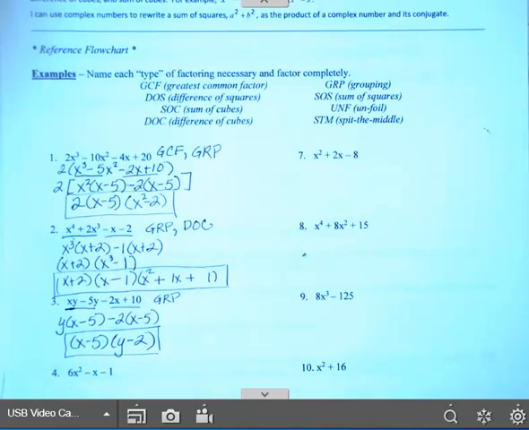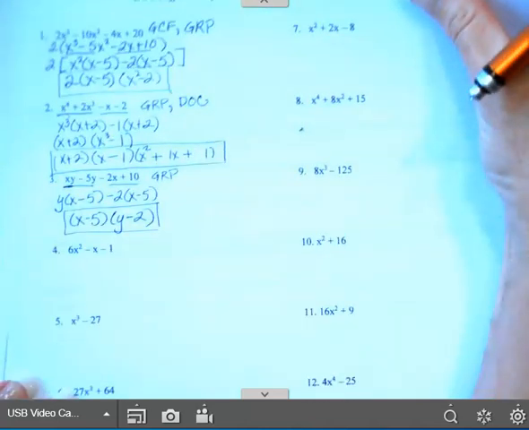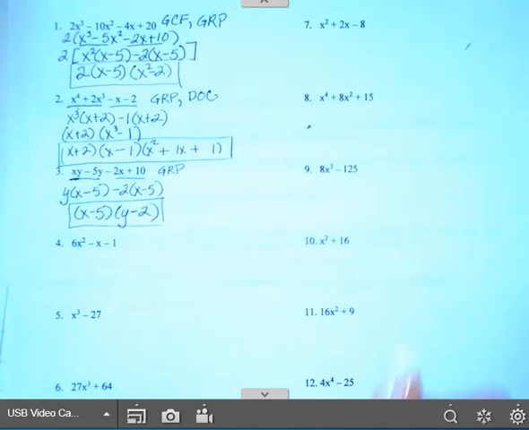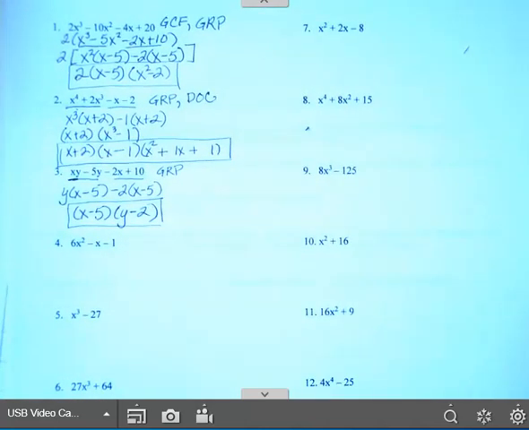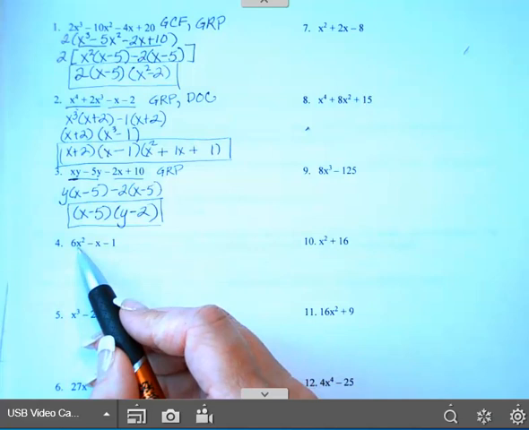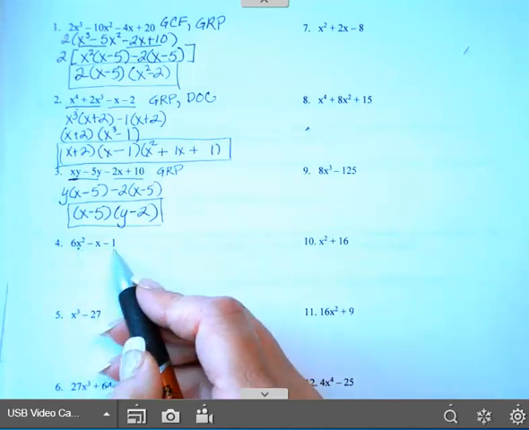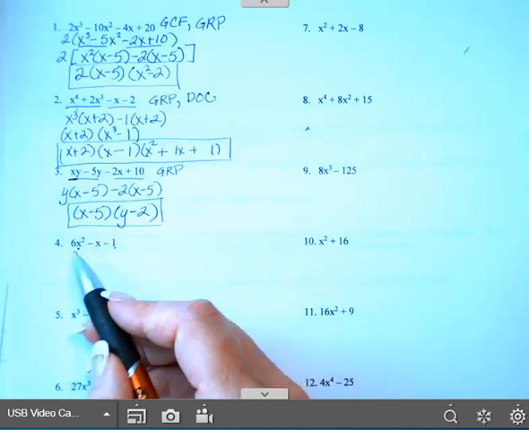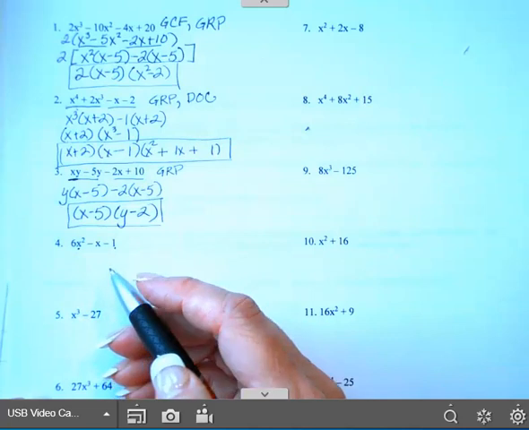On number 4, I do not have a greatest common factor, so I'm going to look at how many terms then. I have 3 terms. It's not a perfect square trinomial, because 6x squared is not a square, and neither is -1. It does not have a leading coefficient of 1, so I'm stuck with split the middle on this one.